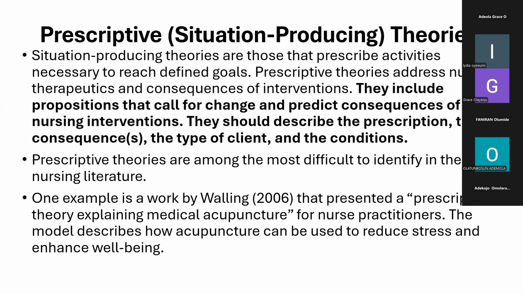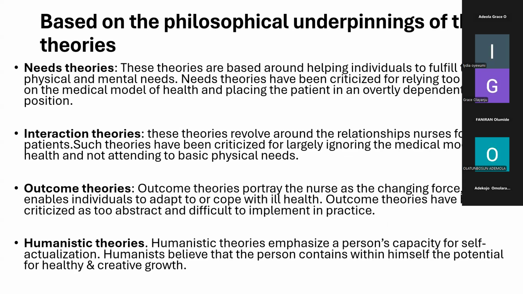And then prescriptive tells us this is how we do things. For example, Orlando's theory will tell us that we have to make use of the nursing process. Now, based on the philosophical underpinnings, theories are classified as need theory, interaction theory, outcome, and humanistic theories.